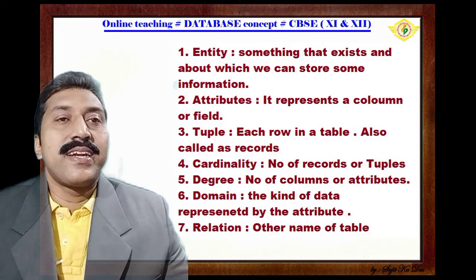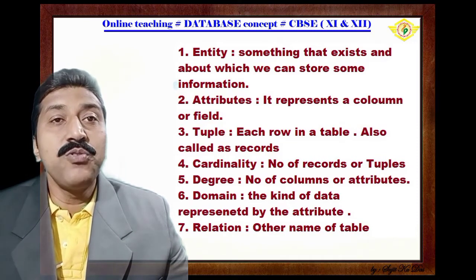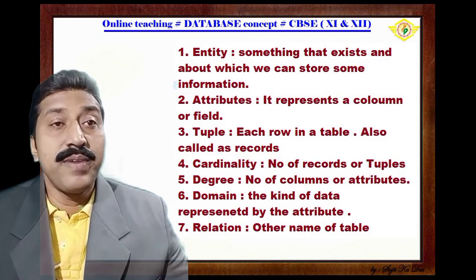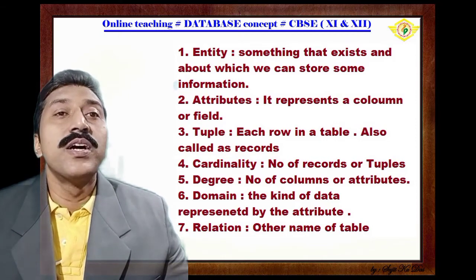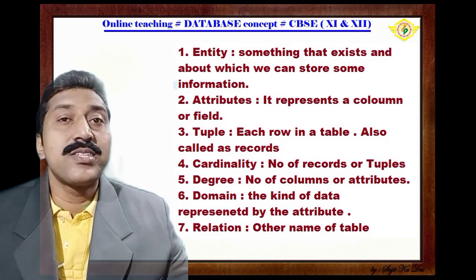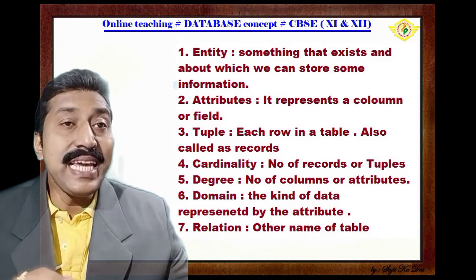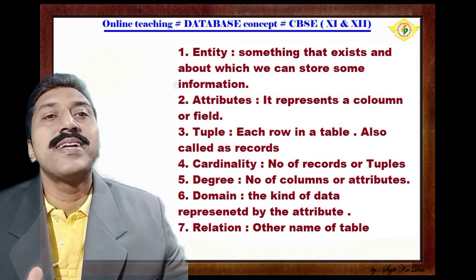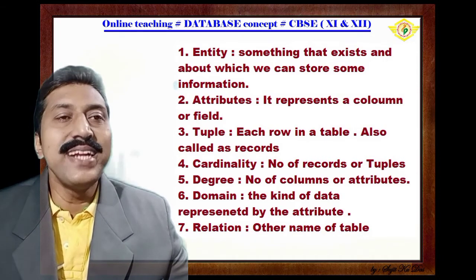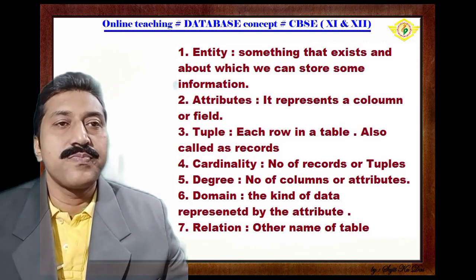Next are attributes. In a relational table, an attribute is a set of values of a particular type. The term attribute is also used to represent a column. A table consists of several records. Each record can be broken into several small parts known as fields, and these fields are also known as attributes.